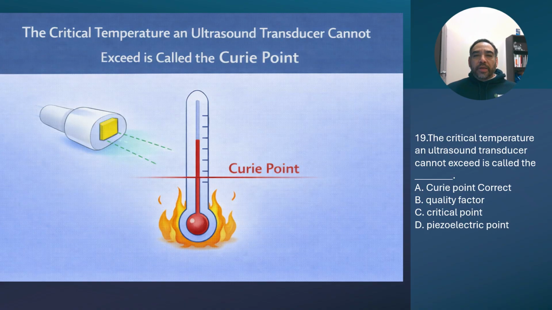The Curie point is the temperature at which a piezoelectric crystal loses its polarization, loses its piezoelectric properties, and permanently stops functioning as a transducer element. So in basic terms, if the crystal gets too hot, it forgets how to be piezoelectric. You have no polarization, no deformation with voltage, no ultrasound production. And once that temperature is exceeded, the damage is irreversible.